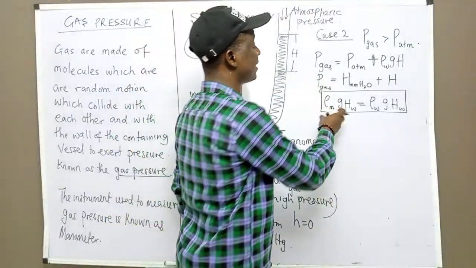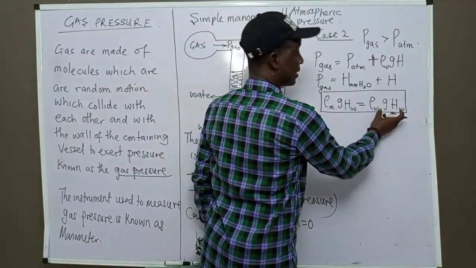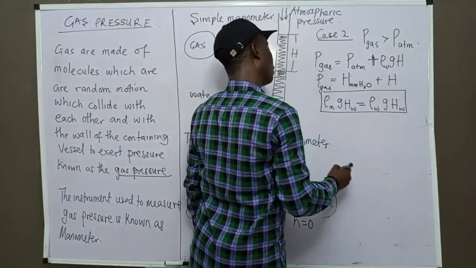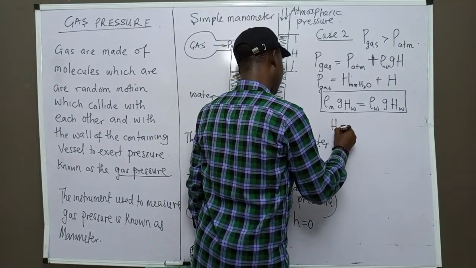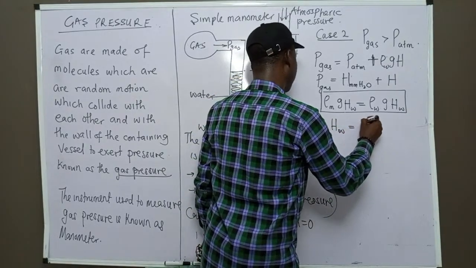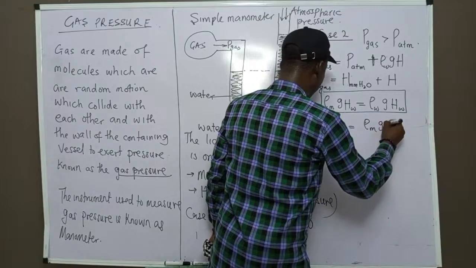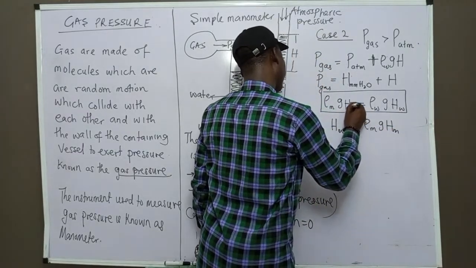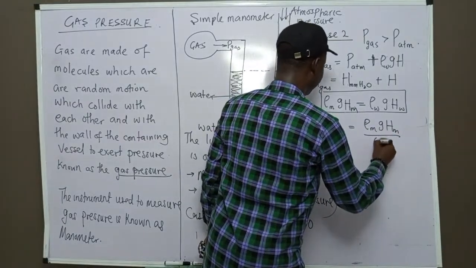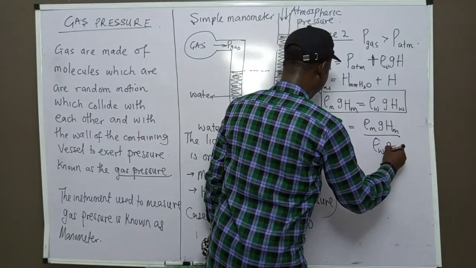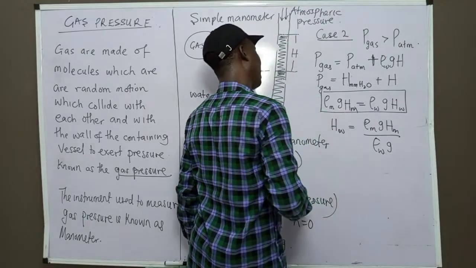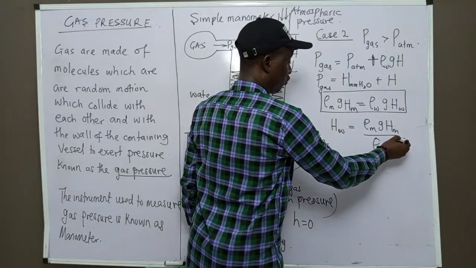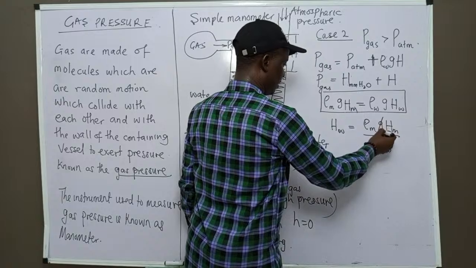You can convert the mercury pressure to water pressure using this formula. So you can get your H of water to be rho g h of mercury divided by density of water times acceleration due to gravity, which we can cancel. Can we cancel here? Yes, this one can be cancelled.